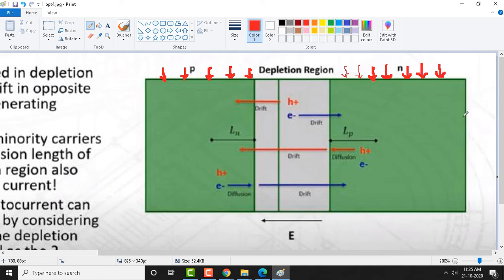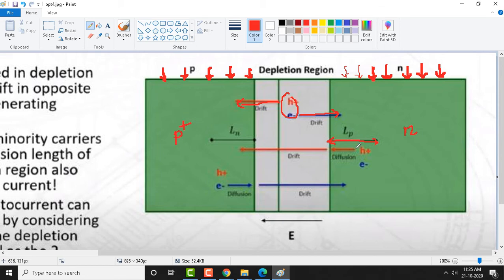Now, I told you about two points earlier. When electron hole pairs are created in the depletion region, they drift to the P region and N region. Now, see here we have to consider Lp, which is the diffusion length for holes in the N region. This is the N type semiconductor, and this is P plus.